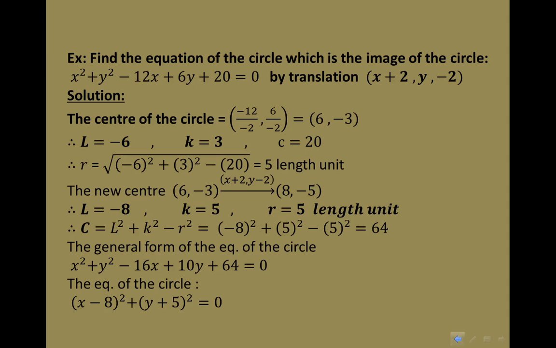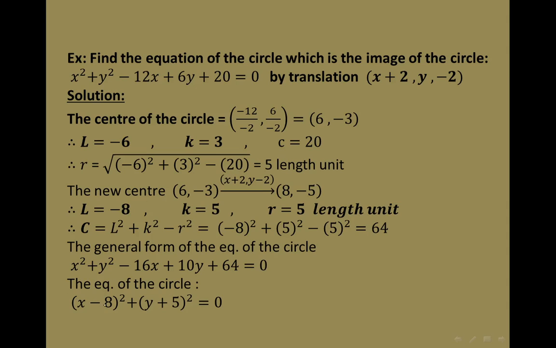Therefore the general equation of this circle is x squared plus y squared, plus 2 times negative 8 times x equals negative 16x, plus 2 times 5 times y equals 10y, plus 64 equals 0. And the equation of the circle equals x minus 8 all squared plus y plus 5 all squared equals, take care, x minus 8, the center of the circle is 8 and negative 5.